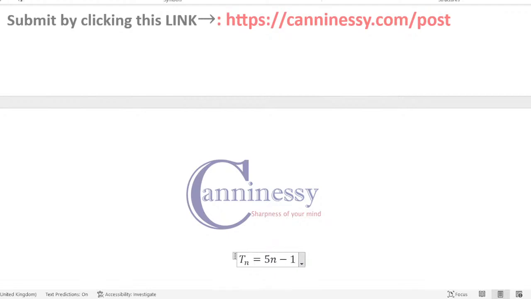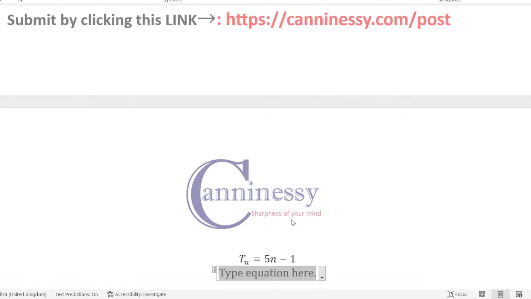So now substitute the value of n. In this case, we want the first term. So on this general form, we substitute n as 1.